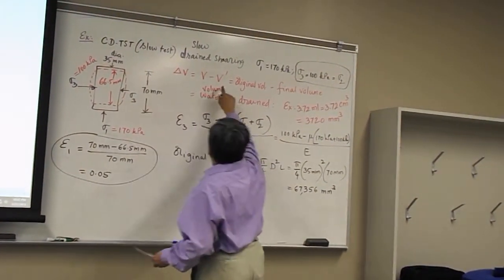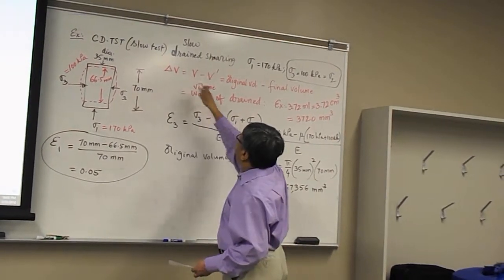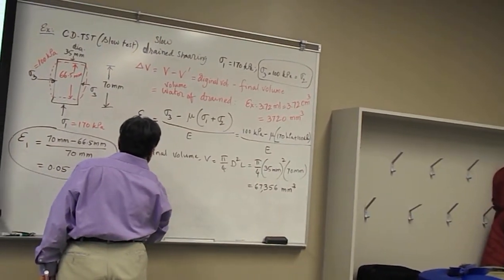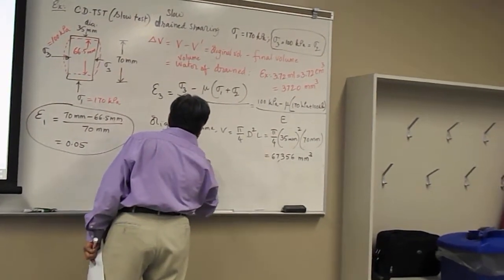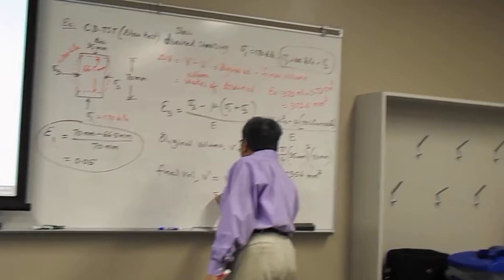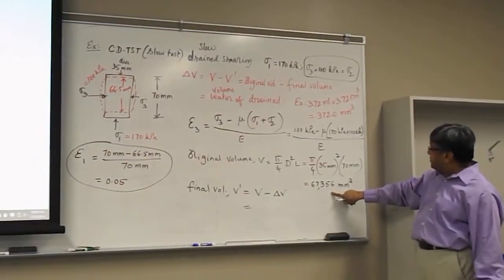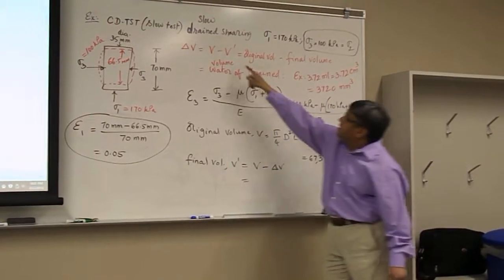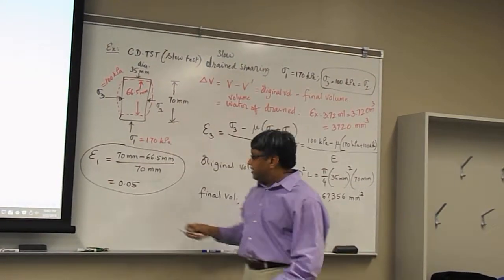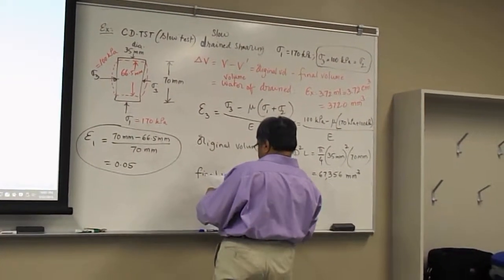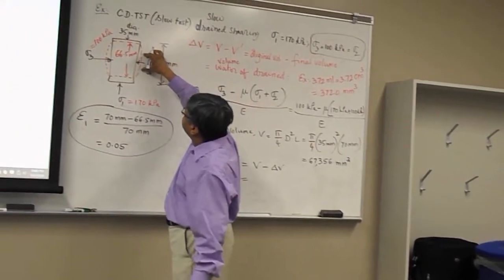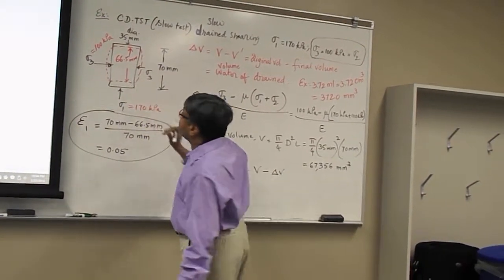We can calculate V prime because we know this. We can say that the final volume V prime is V minus delta V. That means from this 67,356, if we subtract this, we get the final volume. What we are trying to do is get the average diameter after it bulged like this.